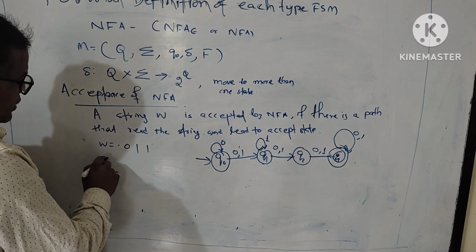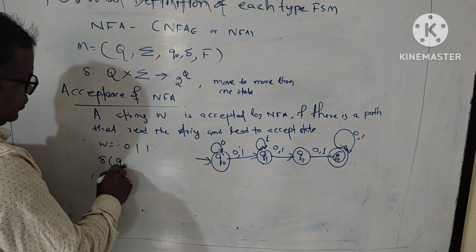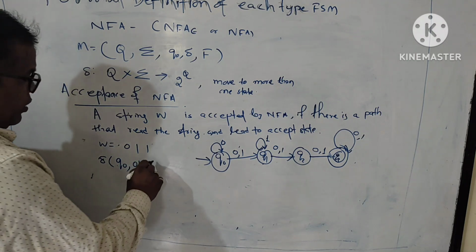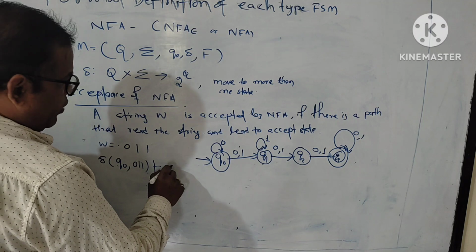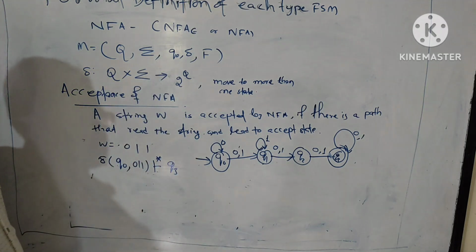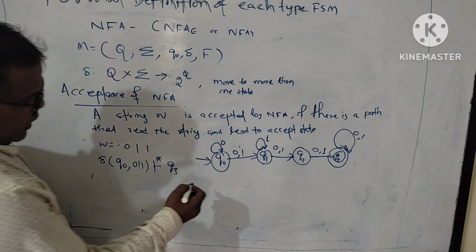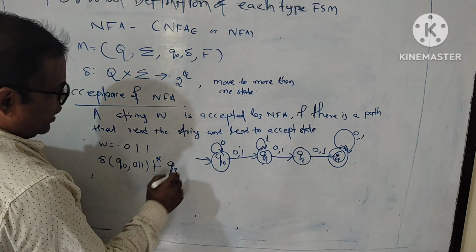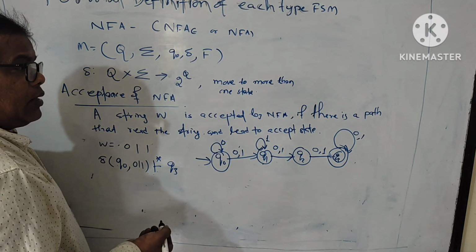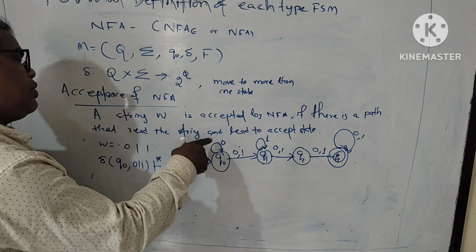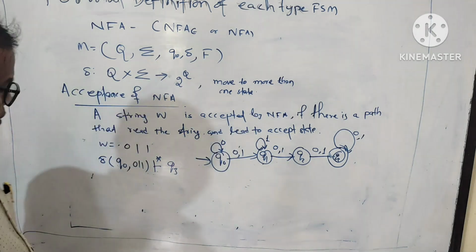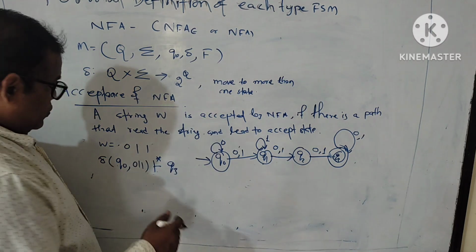If you are in the initial state Q0 and consume 0, 1, 1, it will take you to the final state Q3 by some repeated steps. Let us see how many paths can be created. If there is a path that reads the string and leads to the accept state, then we say it is accepted by the NFA, accepted by the machine.